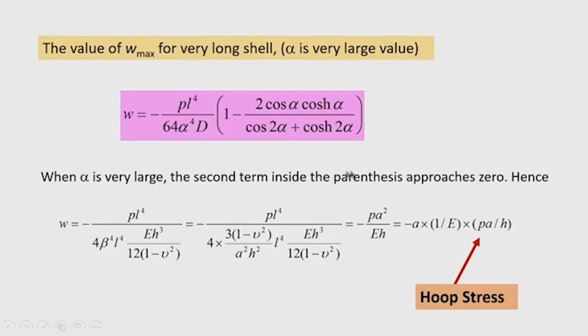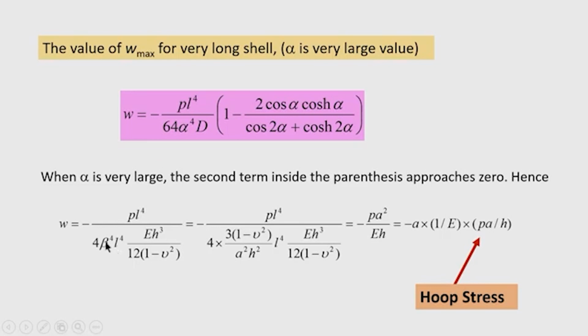So, the second term inside the parenthesis approaches 0 and therefore, we write the expression of deflection for the long shell at the center as W equal to minus P L to the power 4 divided by 4 beta to the power 4 L to the power 4, and in place of D we now substitute E h cube divided by 12 into 1 minus mu square. And also in place of alpha we bring this parameter, alpha assumed as beta L by 2.